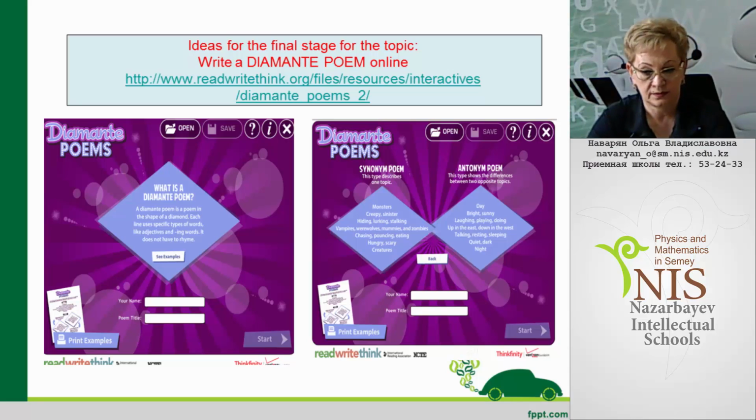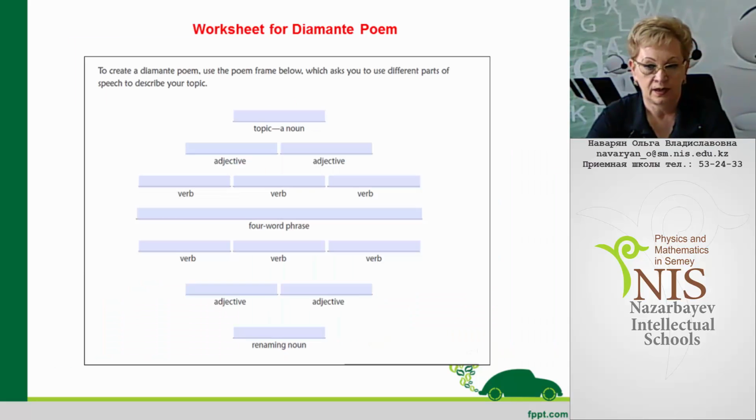Then some examples, synonym poem or antonym poem, and suggest students write their own diamond poem on the topic traveling. Here they should write the topic, then 2 adjectives, then 3 verbs, a 4-word phrase, then again 3 verbs and again 2 adjectives, and a renaming noun.